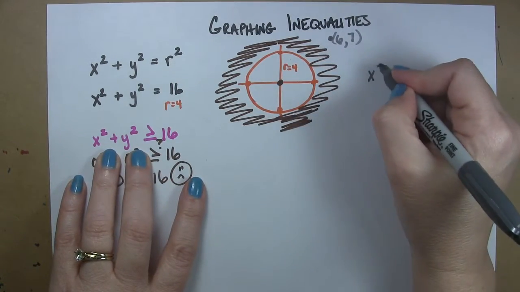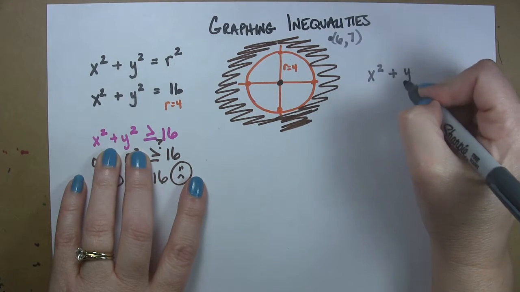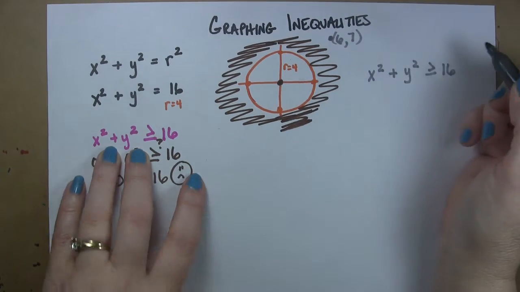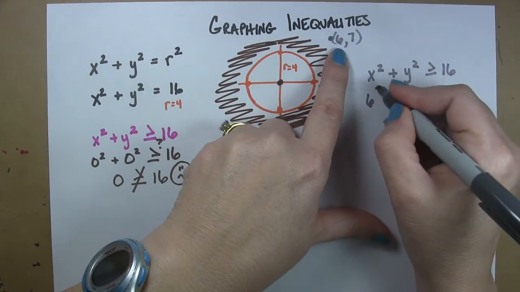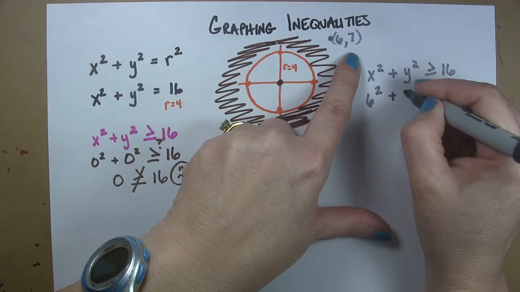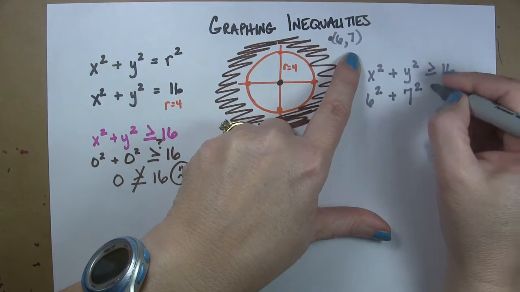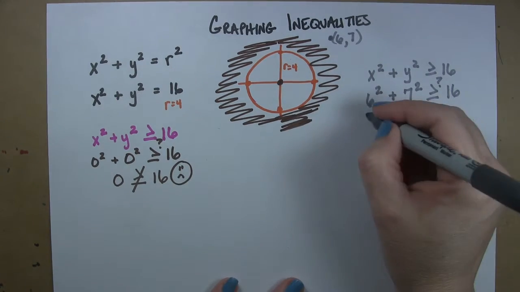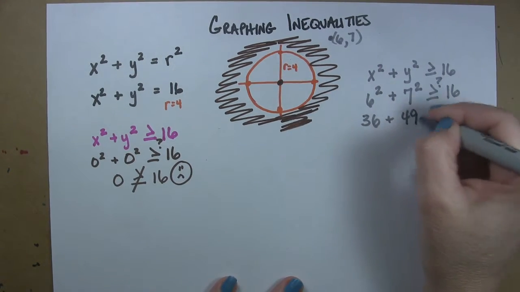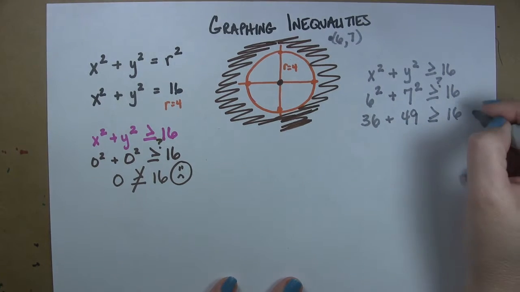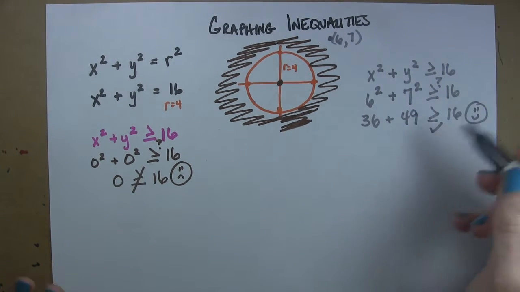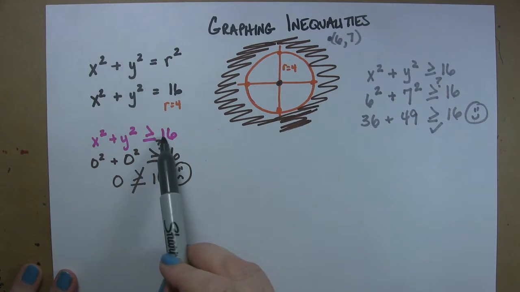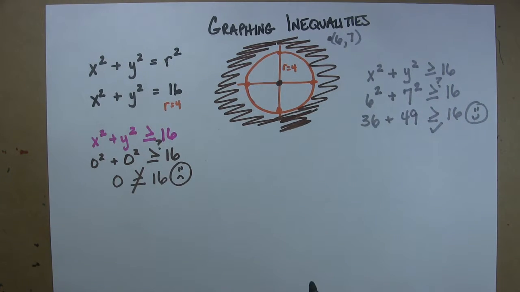Let's see. Our formula, if you remember, is x squared plus y squared has to be greater than or equal to 16. So in this case, our x value is 6, so 6 squared plus our y value is 7, 7 squared, is that greater than or equal to 16? Well, I hope so. 36 plus 49 is certainly greater than or equal to 16. And so that point is valid in this equation. Does that make sense?